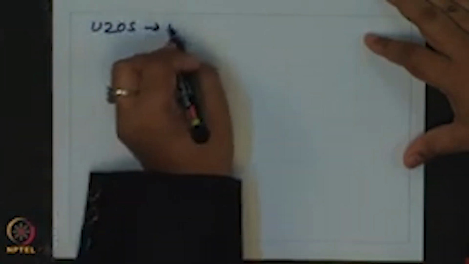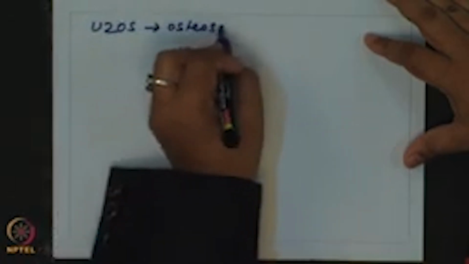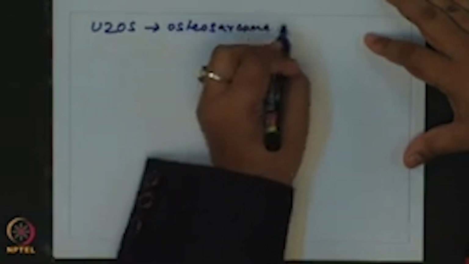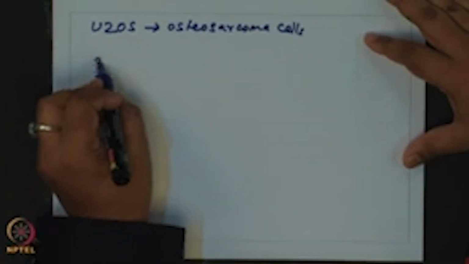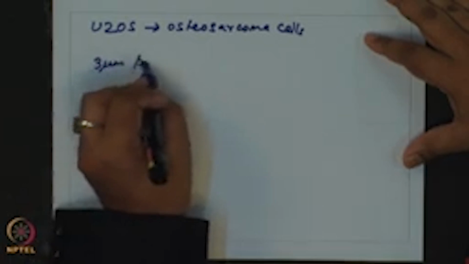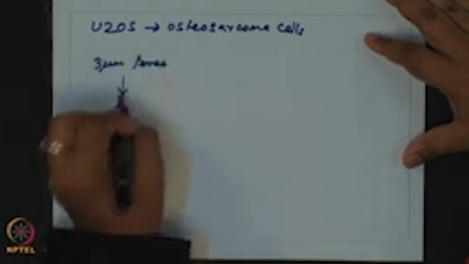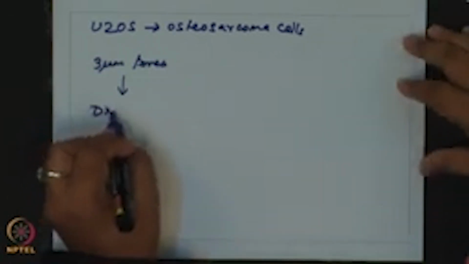They took U2OS cells, so these are osteosarcoma cells. They passed them through the 3 micron pores, and then they tracked the extent of DNA damage.